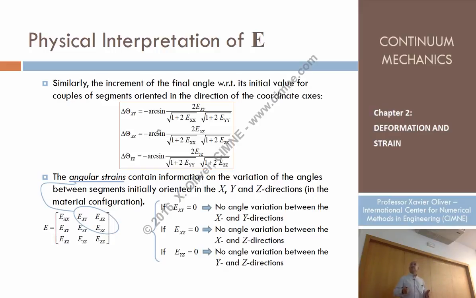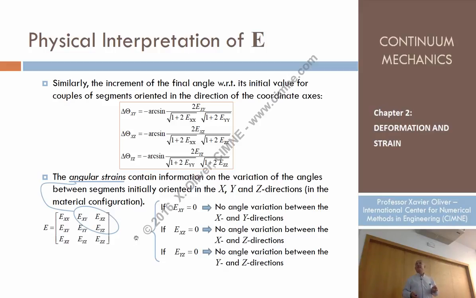And conversely, if these values are negative, that means that the increment of the angles after the deformation are positive. The same goes for the diagonal elements. If any one of these is 0, that means that there is no unit elongation, so the length is kept constant. If they are positive, that means that the length in that direction increases.